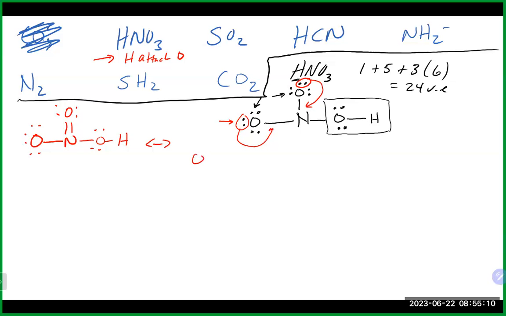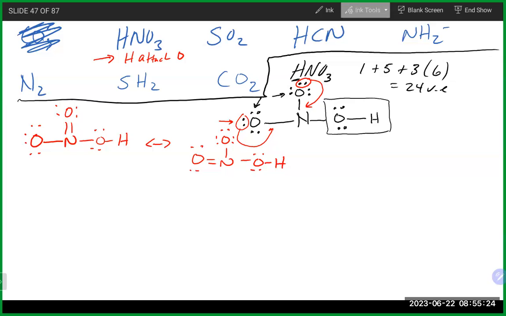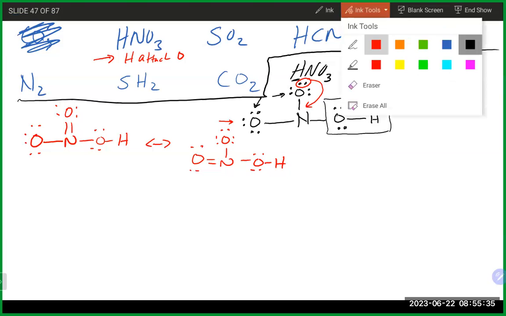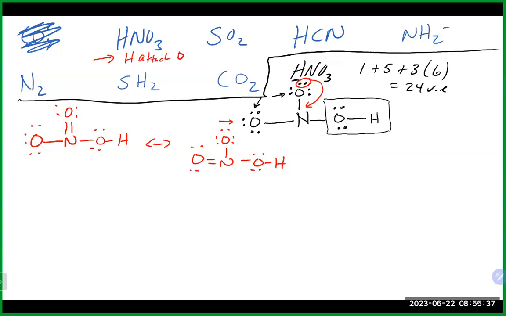If I double bonded over to the left-hand side, we end up with a picture that looks something like that. It's just not so crowded. Either one of those really would be a proper structure for nitric acid.